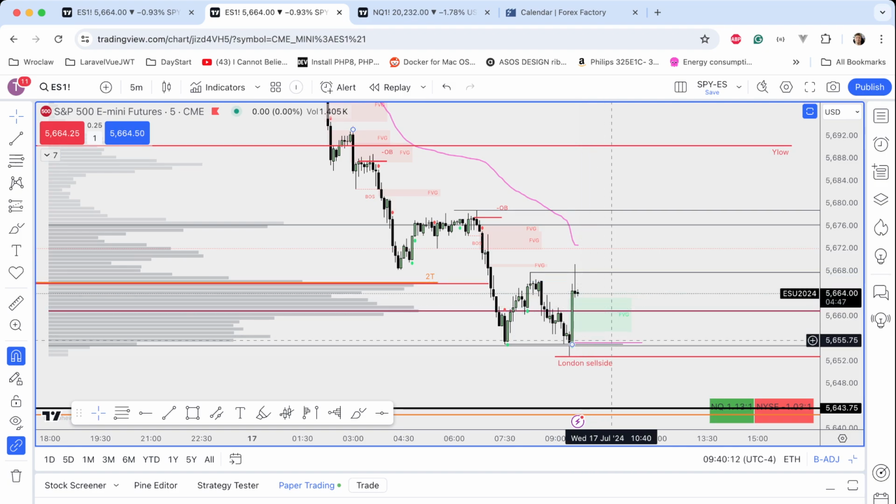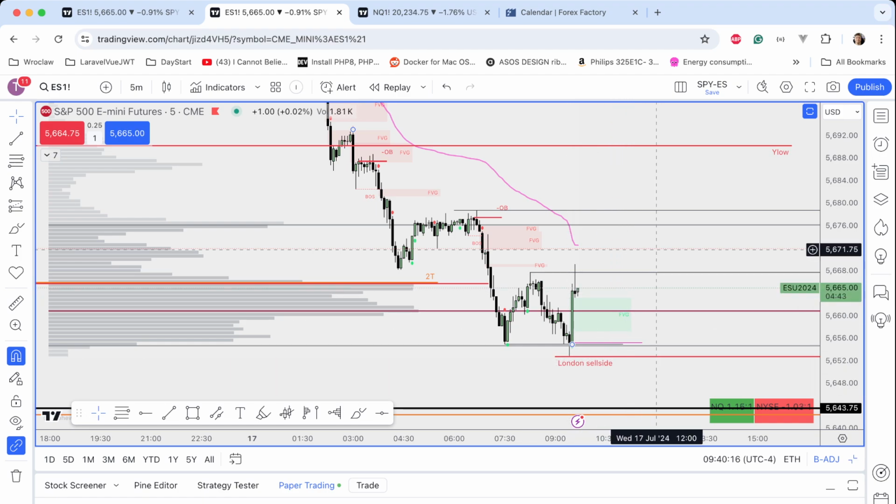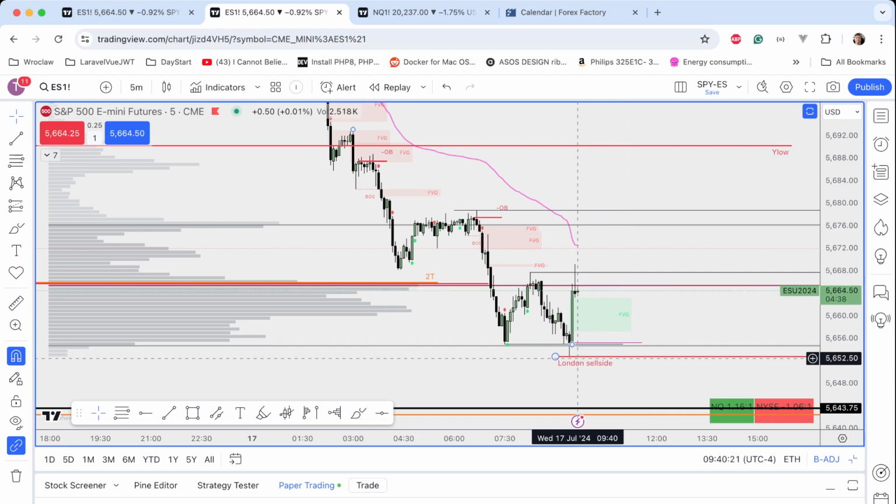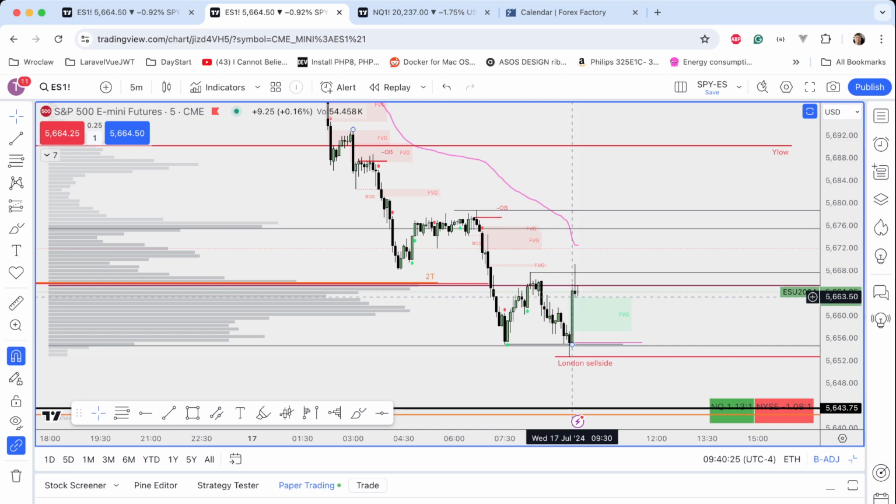We might even go and grab that low, and then we can continue higher. That would not surprise me if we get down here, grab that low. Because imagine that a lot of longs jumped on that thing here. People were buying, hoping for a push.